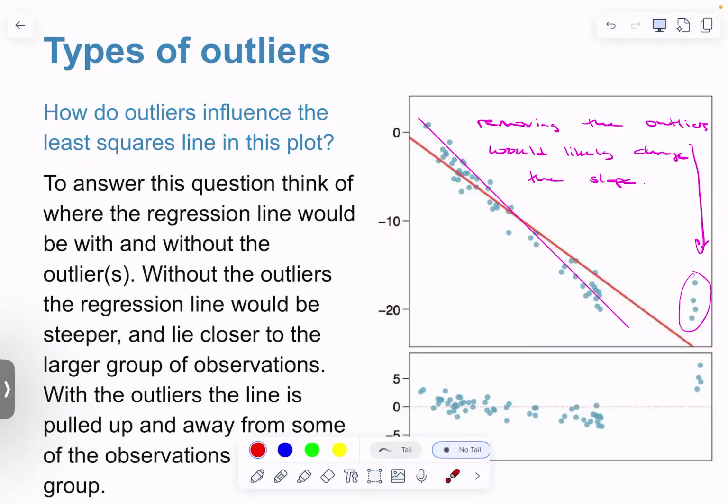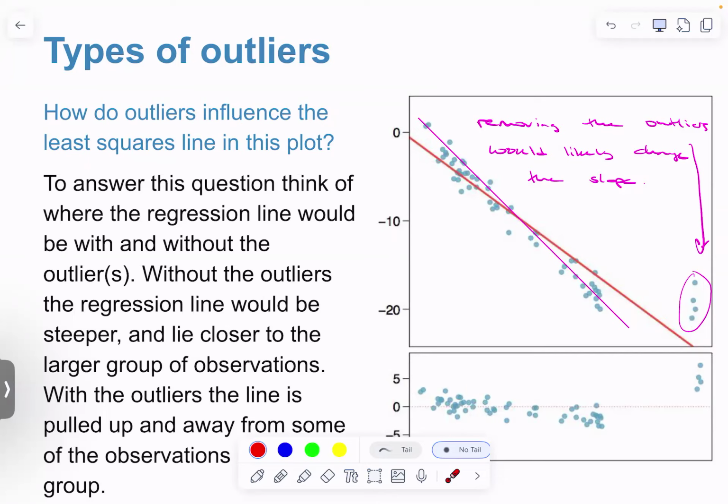There's no hard and fast rule for the decision that you're going to make, right? But what you're going to do is you're going to compare the slope as you remove these outliers slowly. Or what you could do is you could remove all of them, put them to the side, maybe analyze them separately, right? And then slowly add them back in. And if there's no change to the line, you could keep them in there.